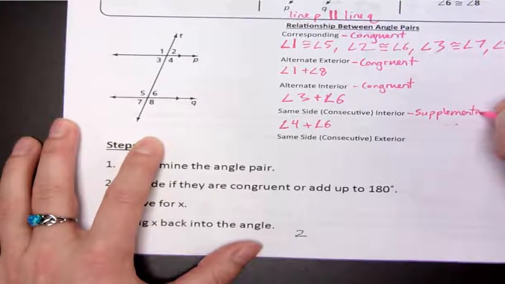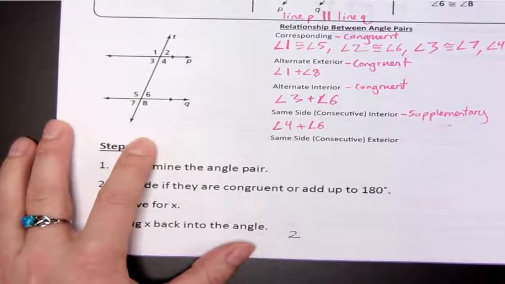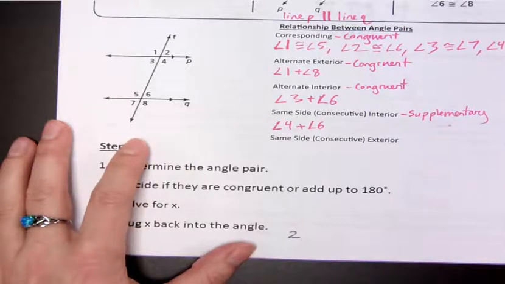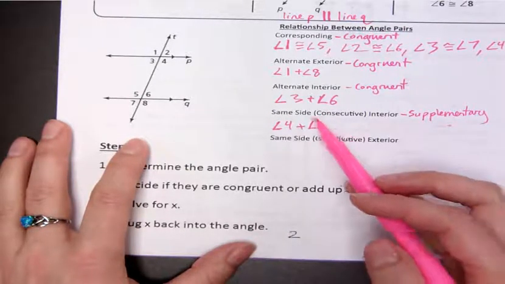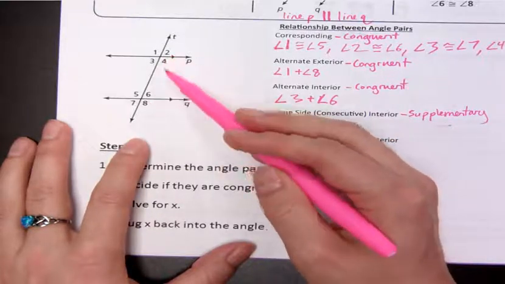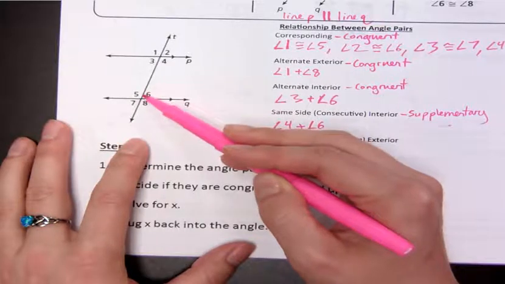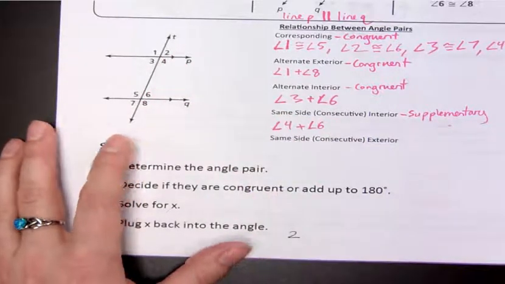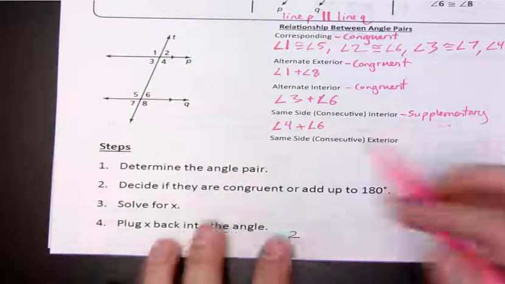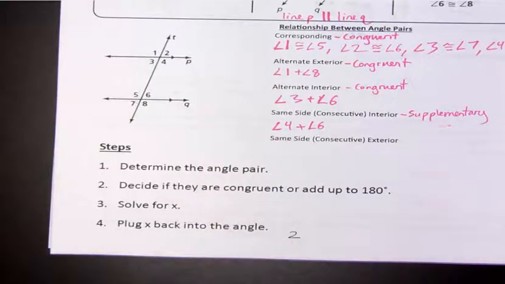Supplementary means they add to 180, but what's my clue about that? Yeah, if we were to merge them, they'd look like a linear pair, right? And then I could see this is an acute angle, this is an obtuse angle. And so those are the hints that can help you remember if you forget these when you're doing your work.